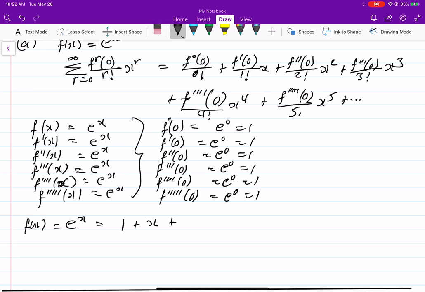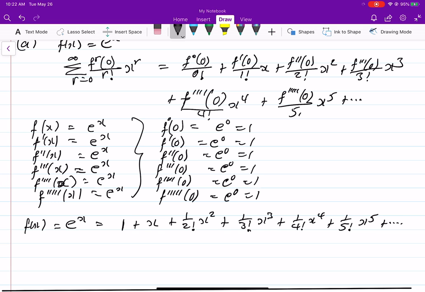F double prime, that's 1. So this is 1 upon 2 factorial times x squared. F triple prime is 1, 1 upon 3 factorial times x cubed. The next one, 1 upon 4 factorial times x to the fourth, plus 1 upon 5 factorial times x to the fifth, and so on.